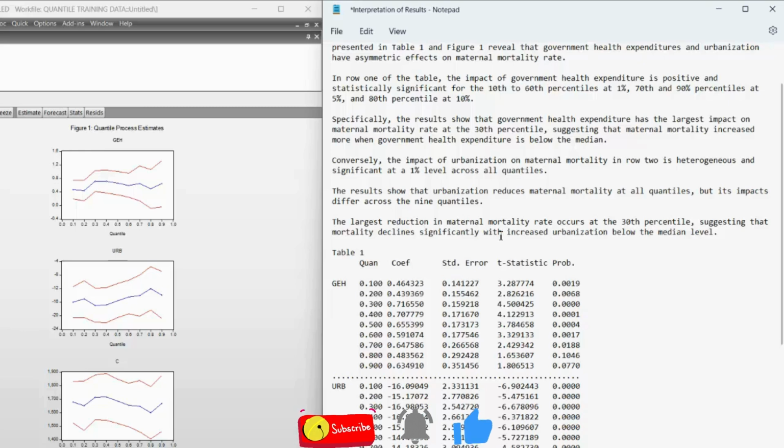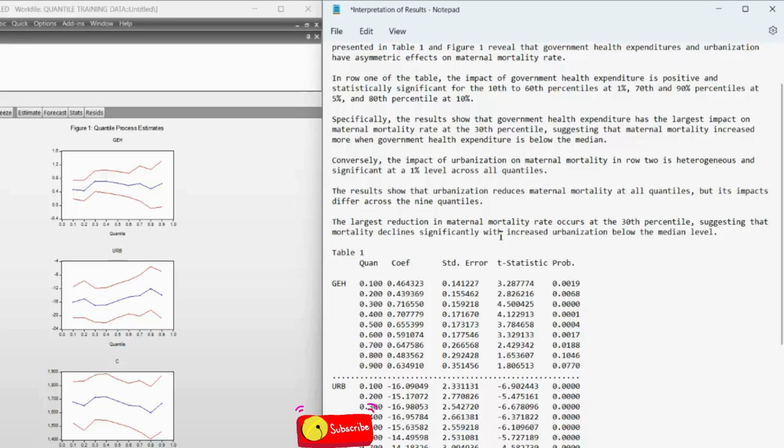The next thing is to link your results to what other researchers have provided. Let us assume that Mr. A, maybe in South Africa or in the UK, has submitted the same results.